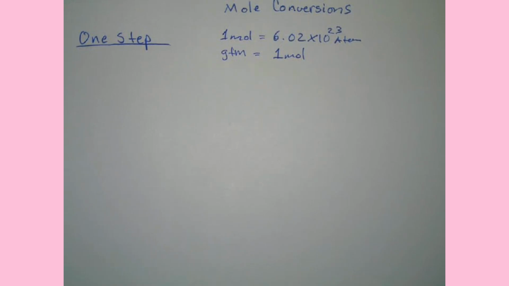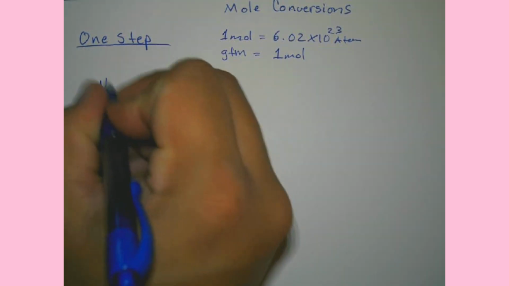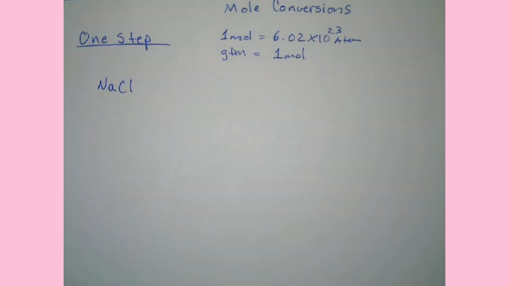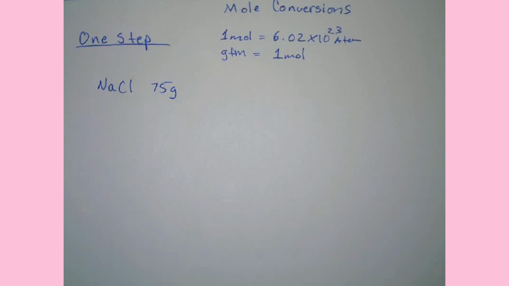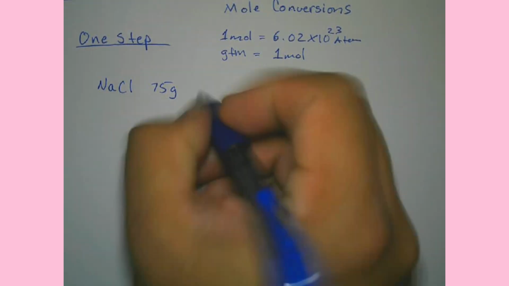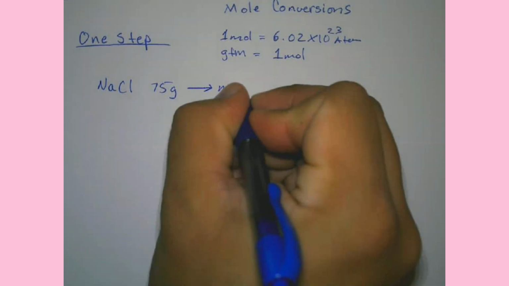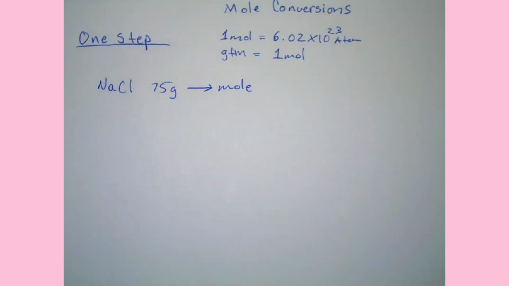Let's say I have a compound NaCl, sodium chloride, right? And let's say I have 75 grams of NaCl. Well, if I have 75 grams of NaCl, how many moles do I have? How will we do this problem?